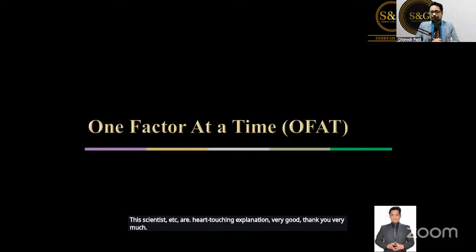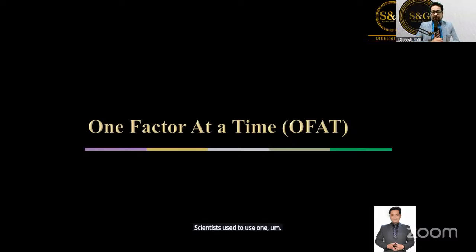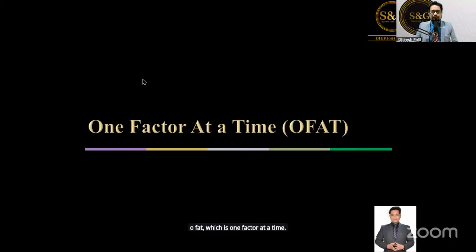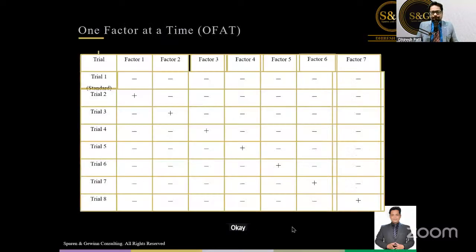Scientists used to use a different type of experimentation that is called one factor at a time experimentation. OFAT. It is called OFAT, which is one factor at a time. Now what is one factor at a time? Let's try to understand. Imagine, let's say I want to make the taste of my tea better.